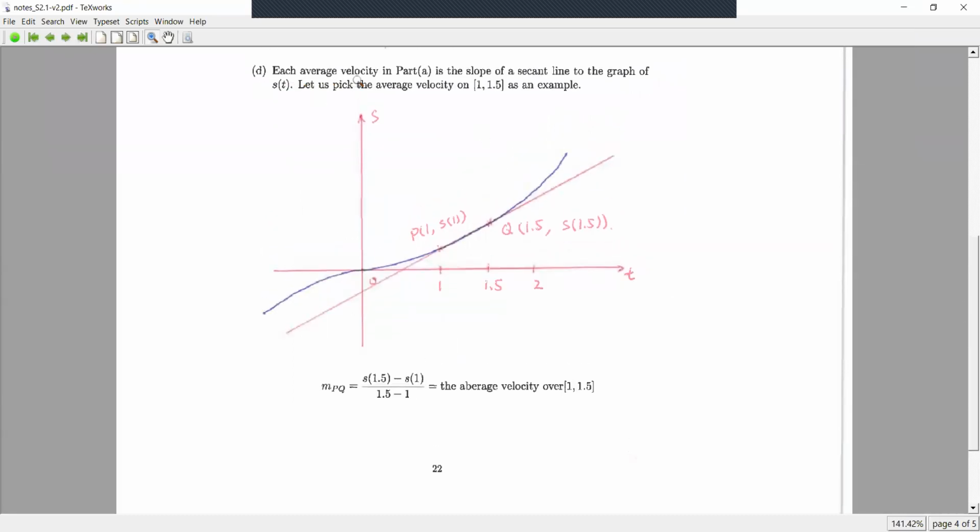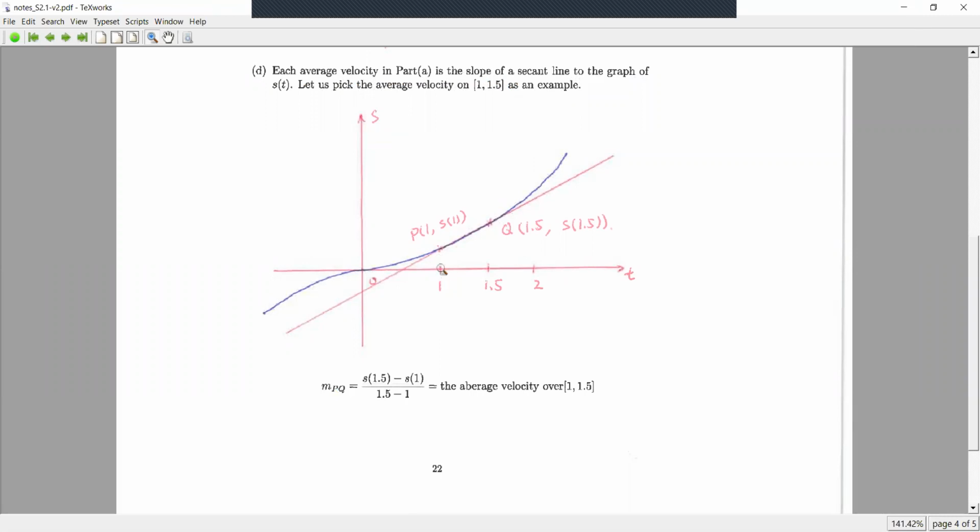Each average velocity in part A is the slope of a secant line to the graph of the position function S. Let's pick the average velocity on the time interval 1 to 1.5 as an example. Here the blue curve is the graph of the position function S. Suppose 1 is here, 1.5 is here.